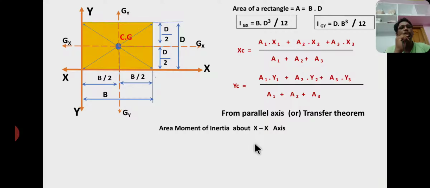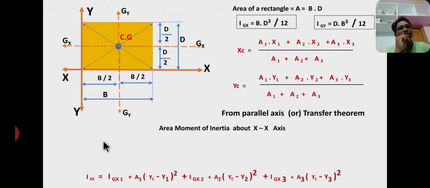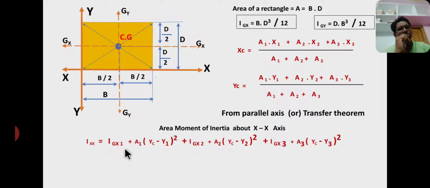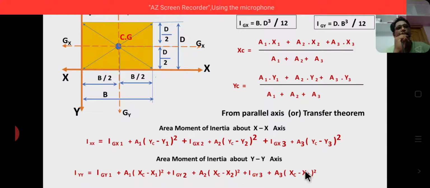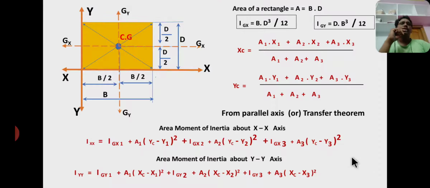Area moment of inertia about the x axis, that is this reference axis, Ixx equals IGx plus area into (Yc minus Y1) whole square for section 1. For a number of sections you have to repeat this again. Similarly, the area moment of inertia about the y axis, this vertical axis, Iyy equals a similar formula. These formulas are used in our problems, so you have to remember them.